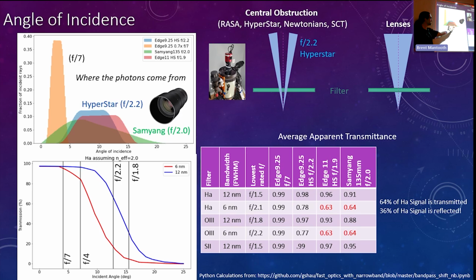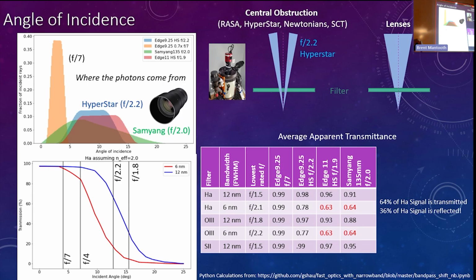If we look at this incident angle compared to the transmission of the filter at that angle, we can see that for the 6 nanometer narrow bandwidth filter, where most of the photons are coming in, we're only getting like 50% transmission. So the reason that I was having that weird signal with the HyperStar is because of all the high angle of incidence photons being attenuated because the filter had become blue shifted because of that angle.